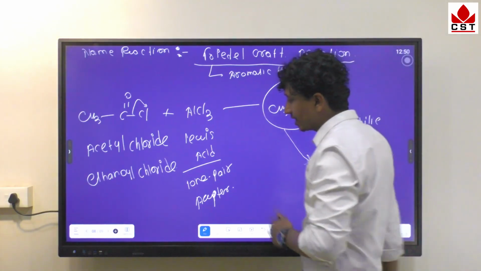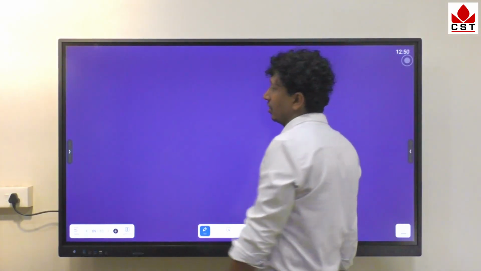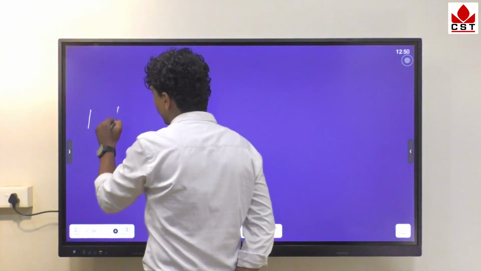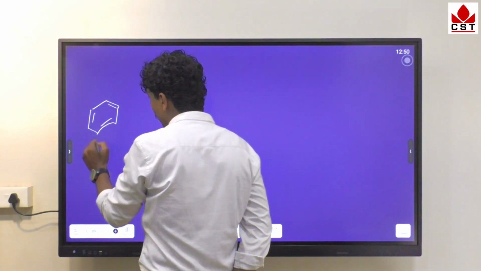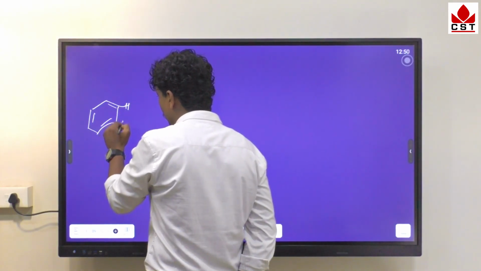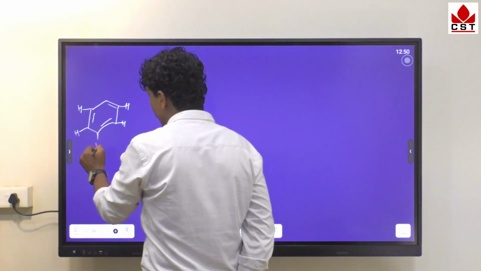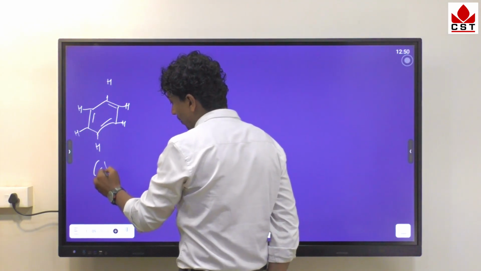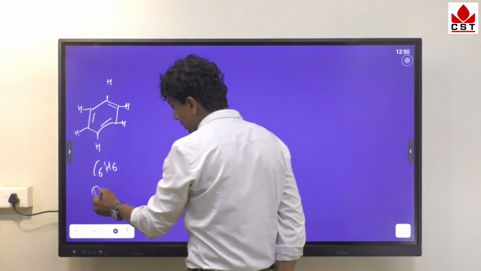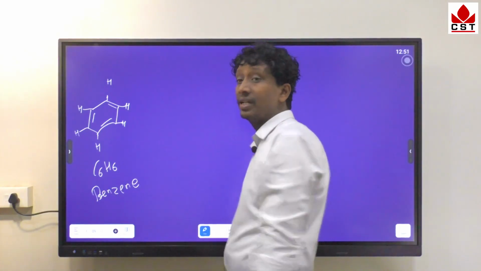Okay, now I'm explaining the final reaction: how to introduce the aromatic ketone into the benzene ring. Your reactant is the benzene ring. The ring carries hydrogen. What is the formula of the benzene ring? C6H6 is benzene.